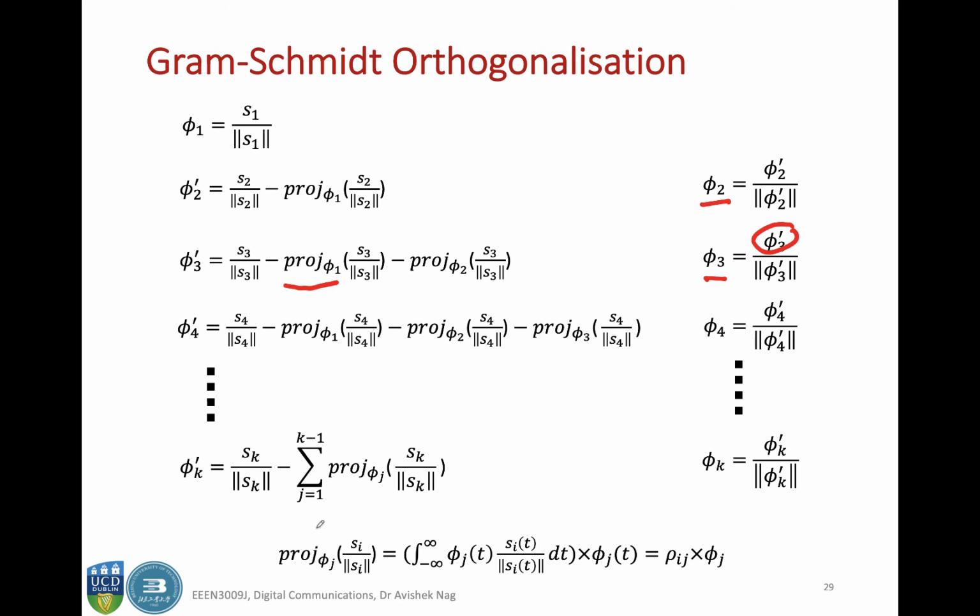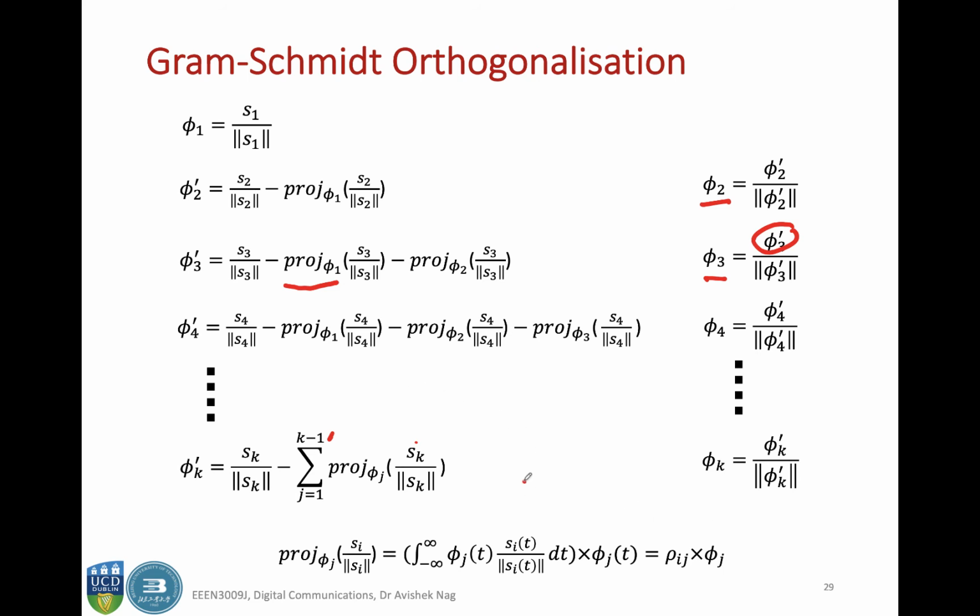Generally speaking, you get any phi k prime as sk divided by the norm of sk minus the projection of sk divided by the norm of sk on all the phi j's obtained from step 1 to step k minus 1. And then if you normalize phi k prime by dividing it by its norm, or its energy, you get phi k.